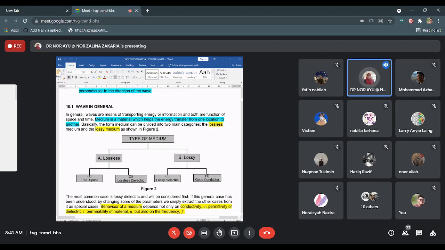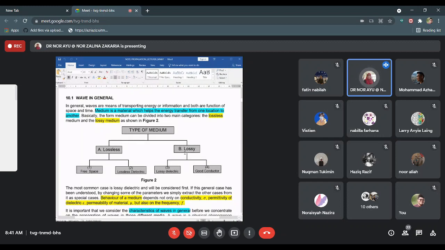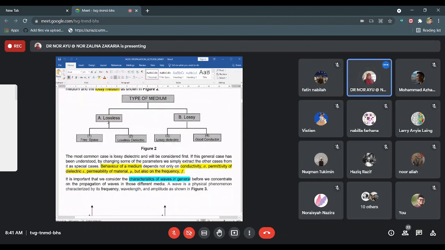This medium can be divided into two main categories: one is lossless and the other is a lossy medium. You can see in this block diagram. What the difference between those two is, you can see here that lossless can also be divided into two again.